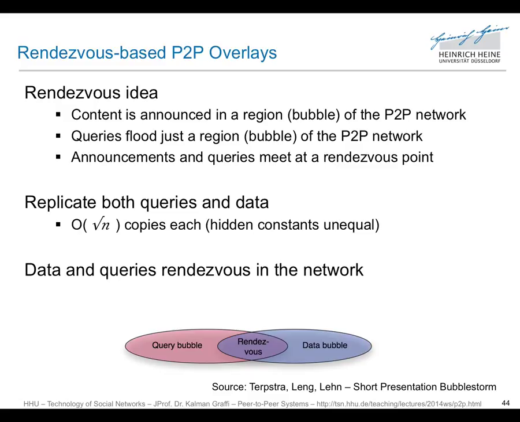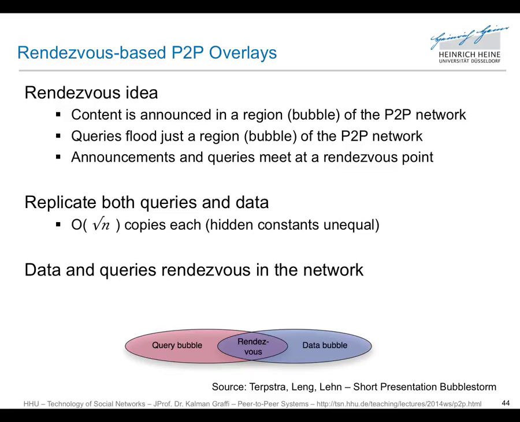as it was said, there the idea is that we have both an announcement bubble, so we don't leave it just at our device, but we want to have an announcement of O of square root n copies. It doesn't have to be copies, it can also be just the information about where the data is to be found.